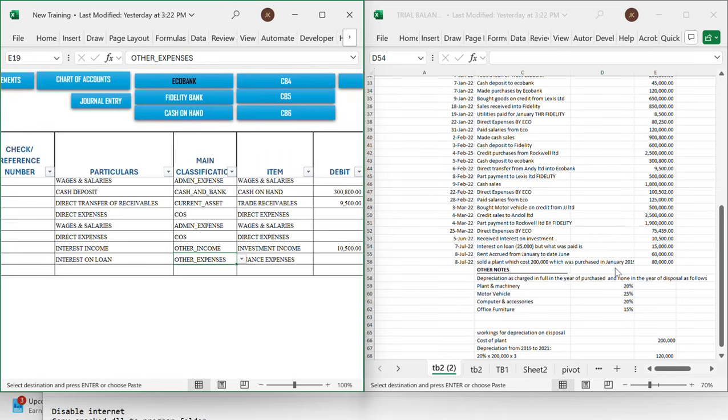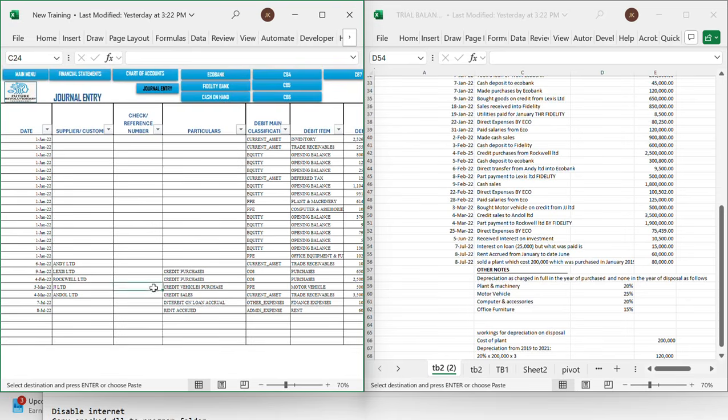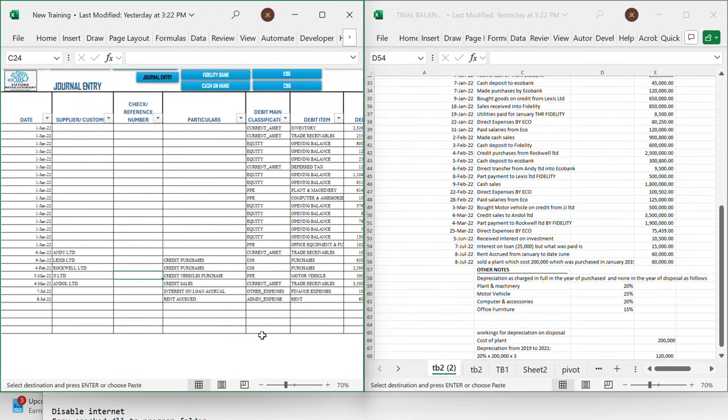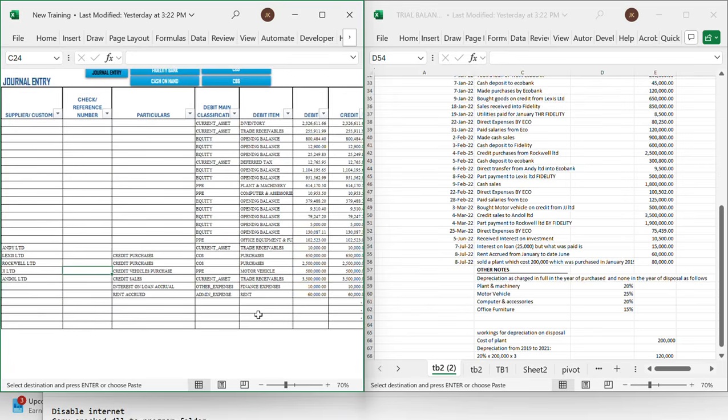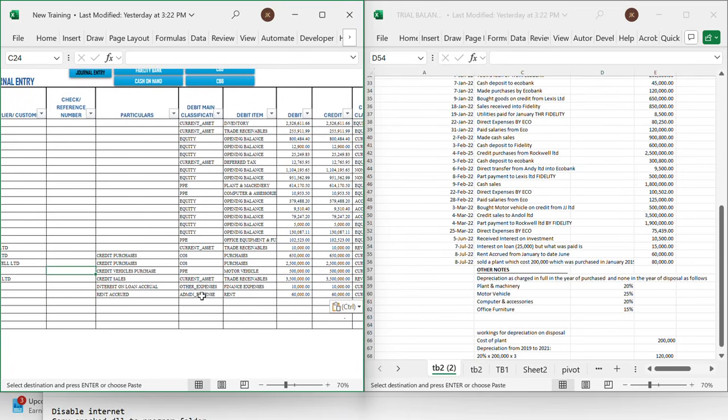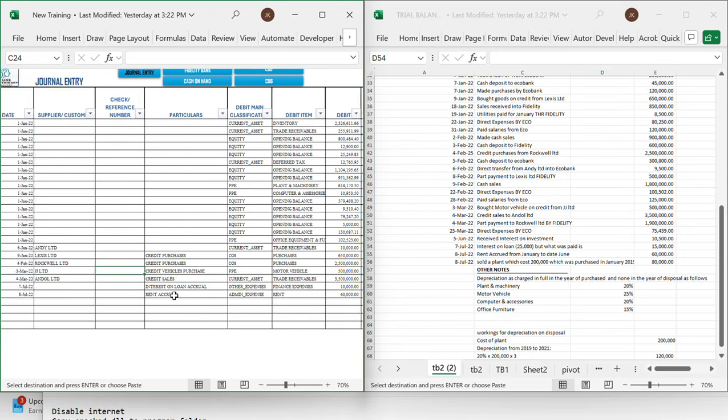Now what happens to the remaining balance? So the remaining balance is 10,000, and what we need to do is go to the journal entry, and then we are going to debit other income, right? So this is it.